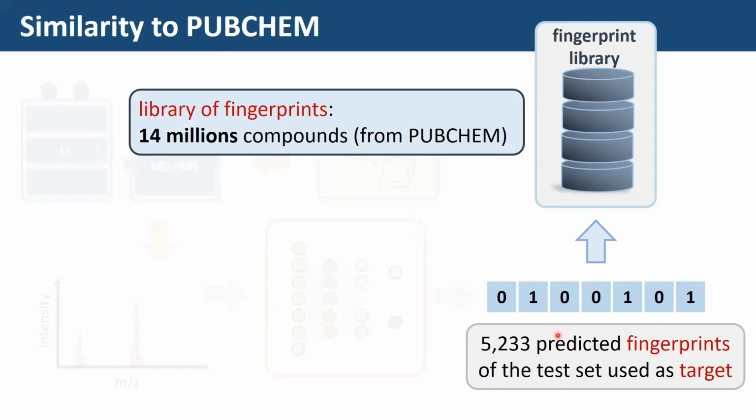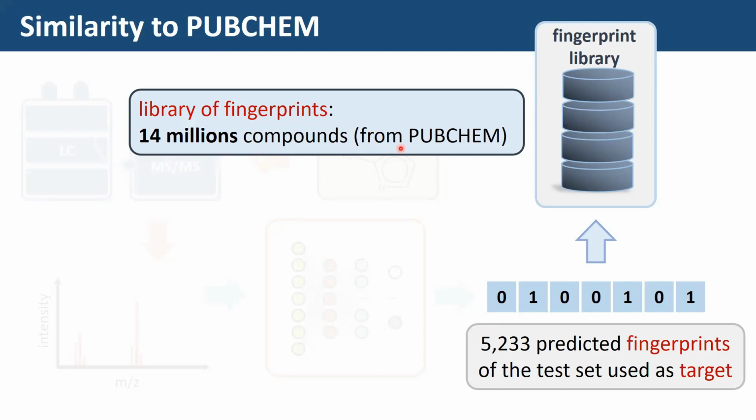We took, again, more or less 5,000 fingerprints predicted by our neural networks. And for each of them, we compared the predicted fingerprint to a part of the PubChem database, including 14 million compounds.